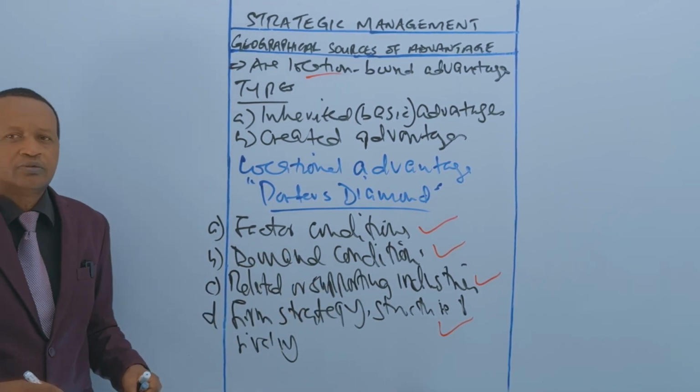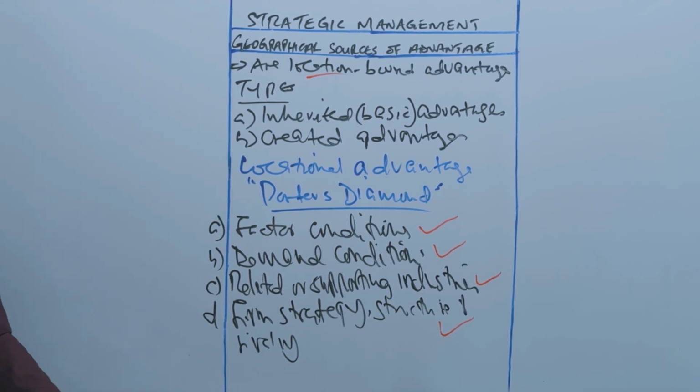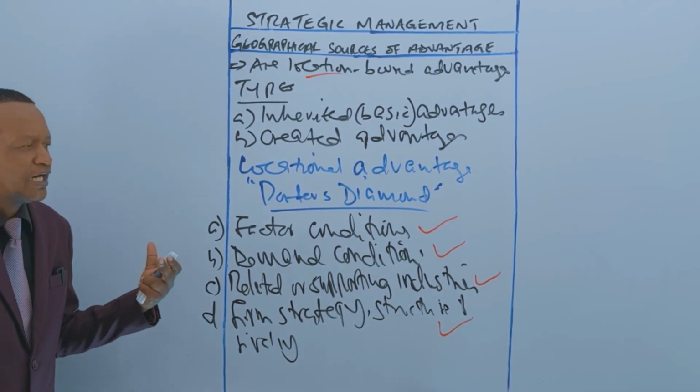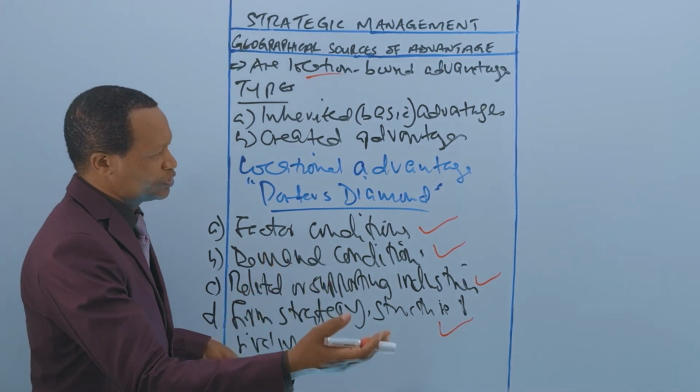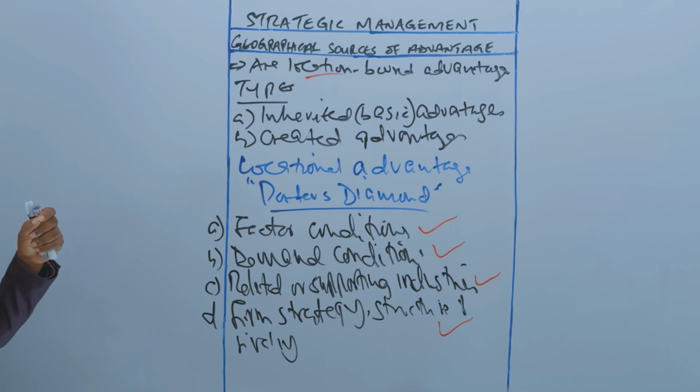You cannot aspire to be at the top of quantum computing or green hydrogen when you're operating in a remote country, for example, in Africa. No, you need to be in cities where that is happening.